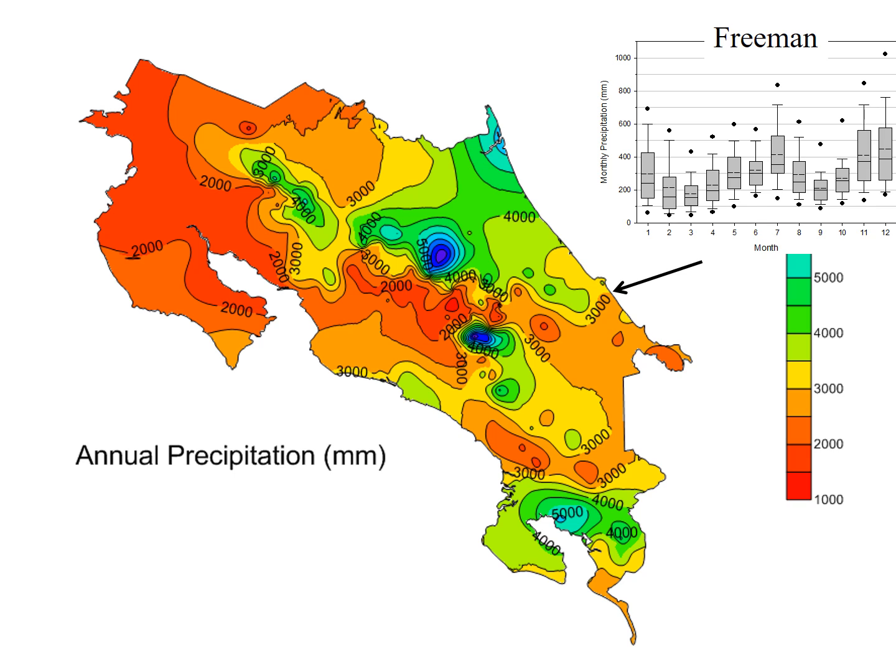To the right here is a graph displaying the mean monthly precipitation for Freeman on the Caribbean coast. Along the horizontal axis are numbered 1 to 12 the 12 months of the year starting in January, and on the vertical axis we've got some measure of monthly precipitation. The tops and bottoms of the grey box represent the range of monthly precipitation totals that we would expect 50% of the time.